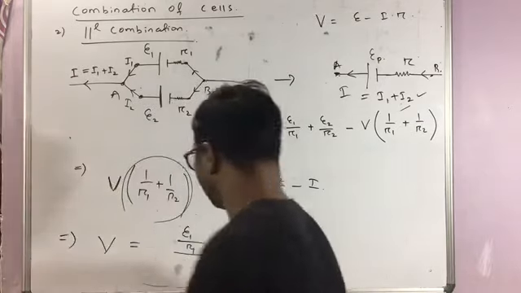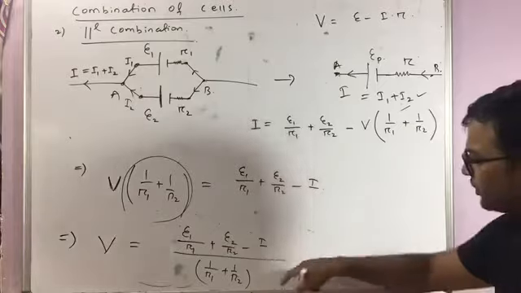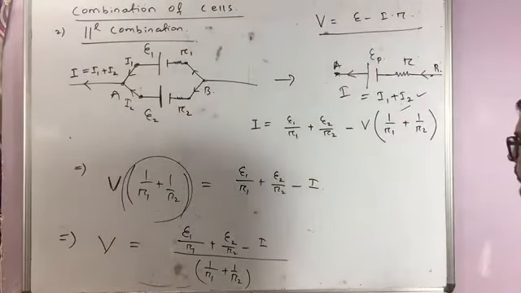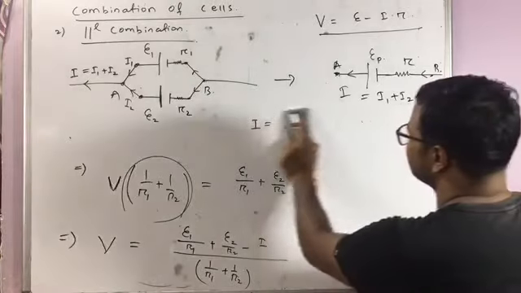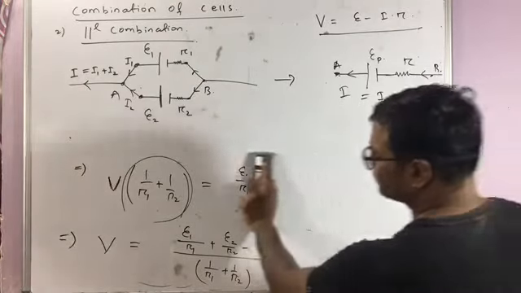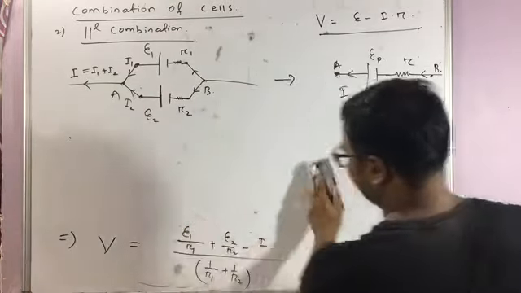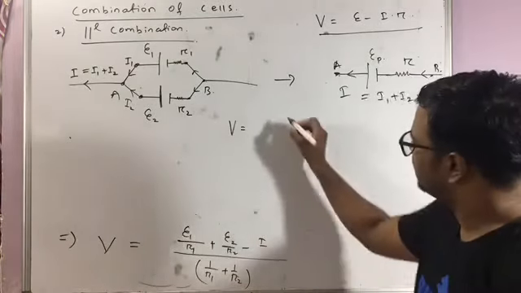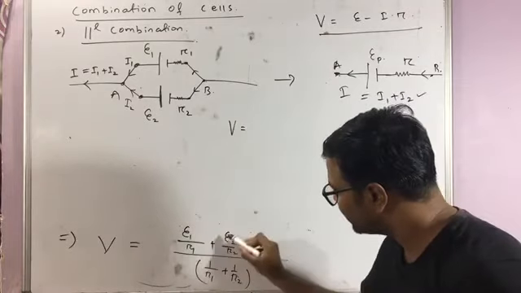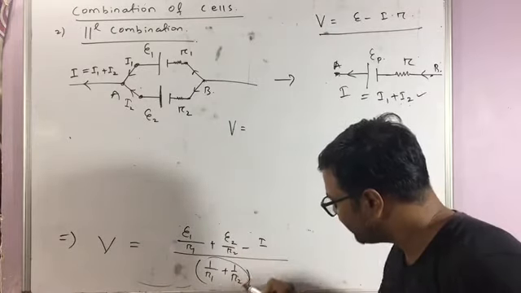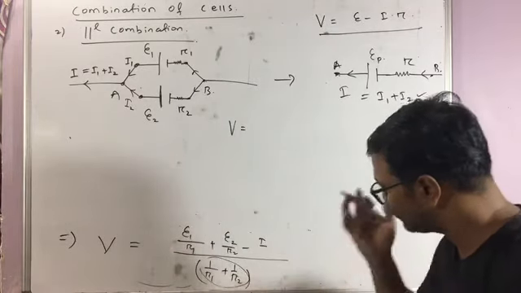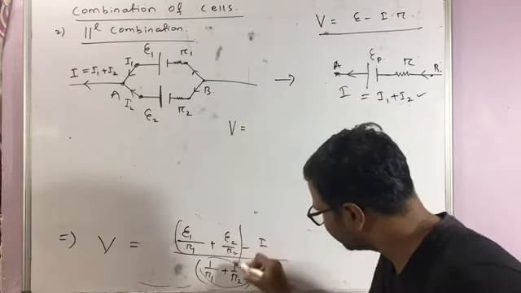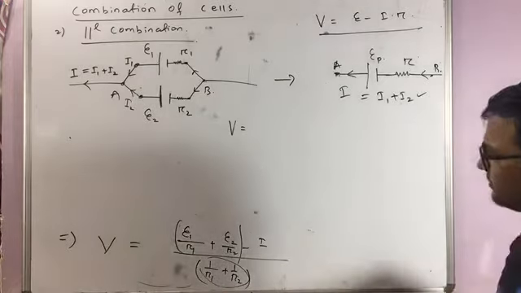Now what I am doing is just separating the terms, to keep this equation in this form. So I will be getting V is equal to E1 by R1 plus E2 by R2, whole divided by this, minus I divided by this. You take this to be a single term and I to be another term.